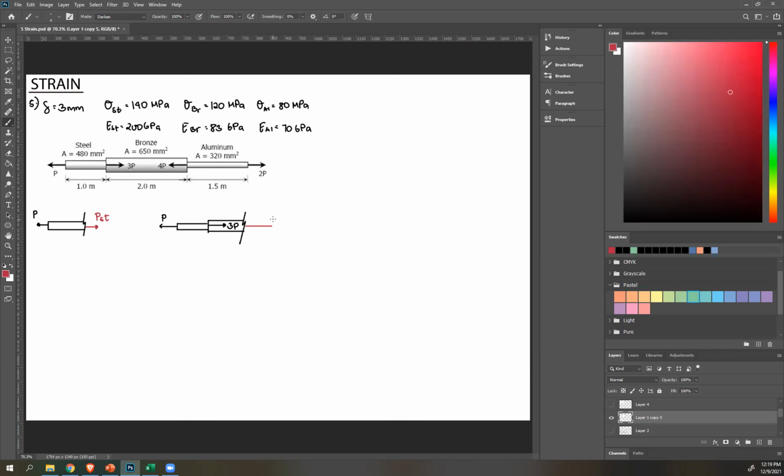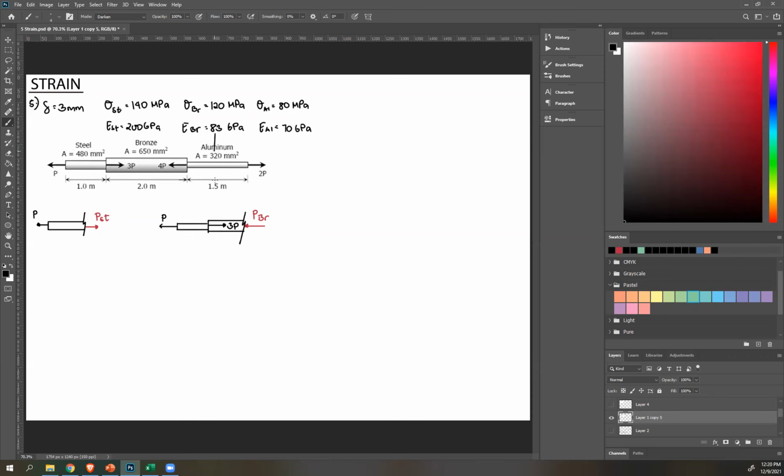Again, you can just guess where this direction is. It doesn't matter. Or you can make an intelligent guess because we already know this should be in equilibrium. There's 3P to the right, 1P to the left. So I need another force to the left to put this into equilibrium. Okay? And then this is bronze. I'll call this PBR. Once again, you can just randomly guess the direction of that.